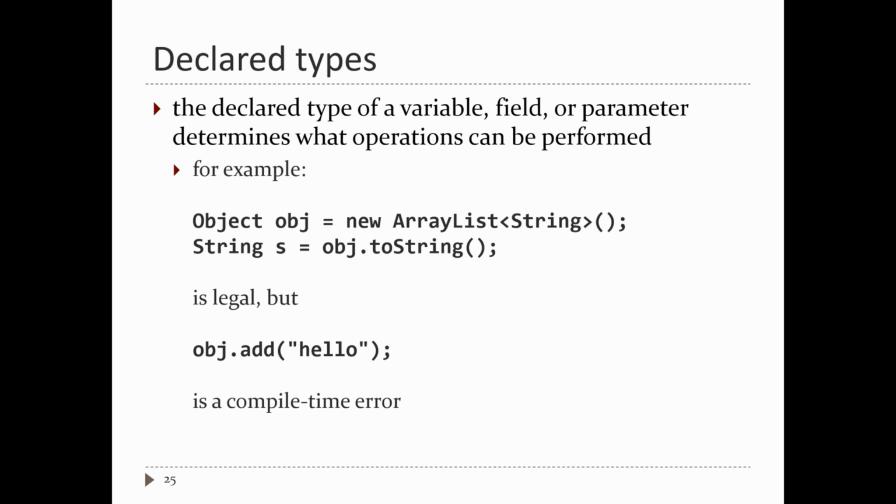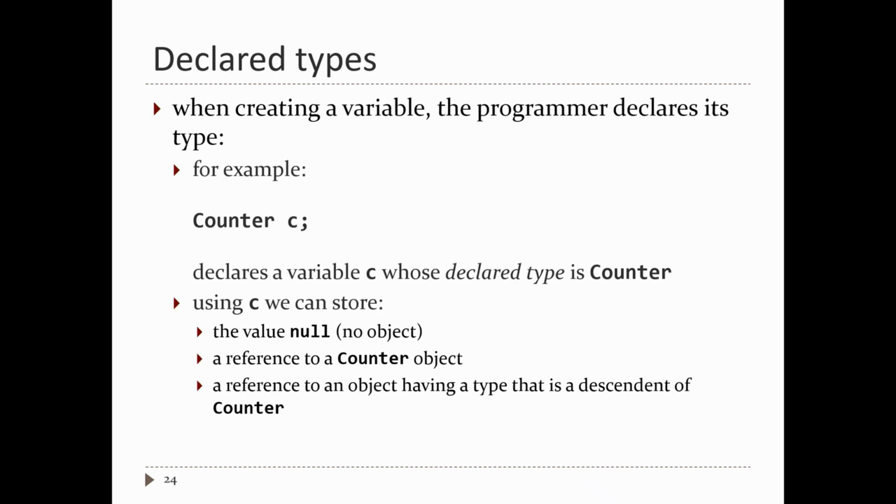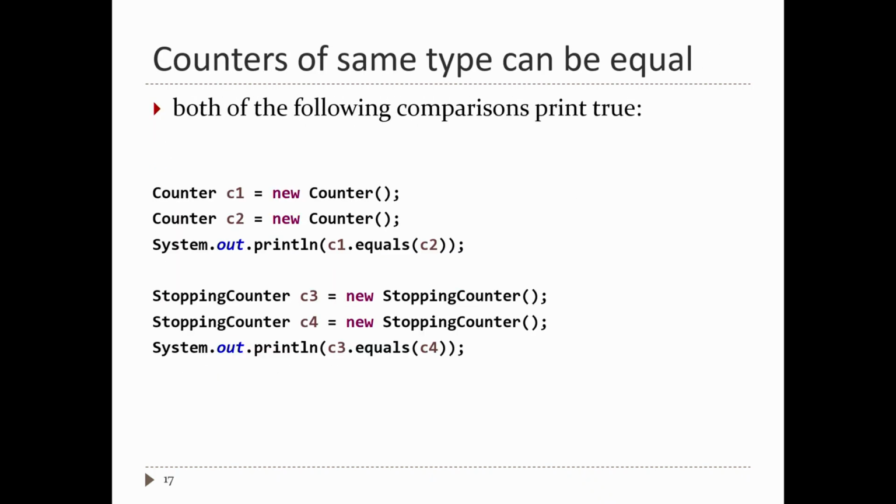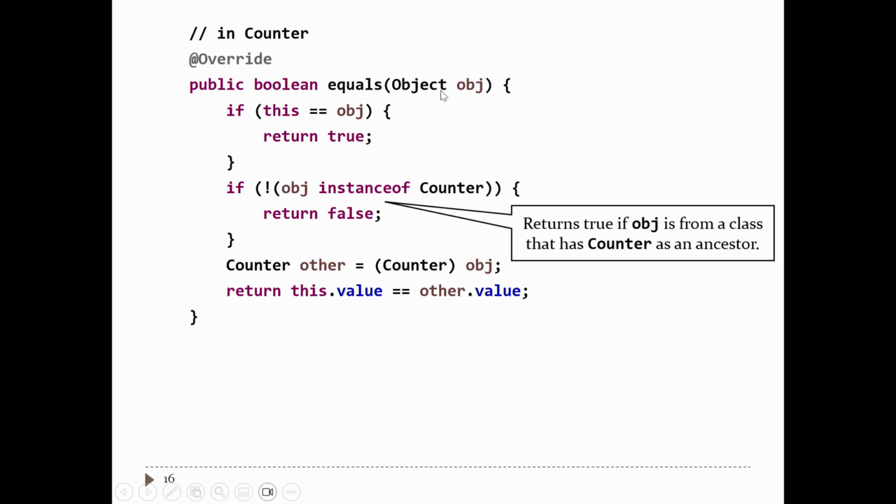It's the same issue that occurs in equals. When you say that in equals your parameter obj's type is Object, you're telling the compiler obj is an Object. In equals, you eventually want to get the actual type of obj, in this case the Counter part of obj, and that's why the cast is needed down here.